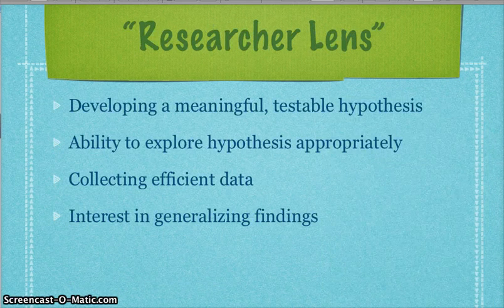Researcher lens. In order to have the researcher lens, it is important to develop a meaningful and testable hypothesis. And it is important to explore this hypothesis using the appropriate means within the classroom and looking at, for example, the age group, which in this case ranged from 5th to 6th graders.